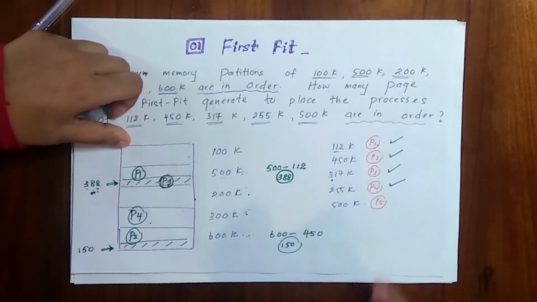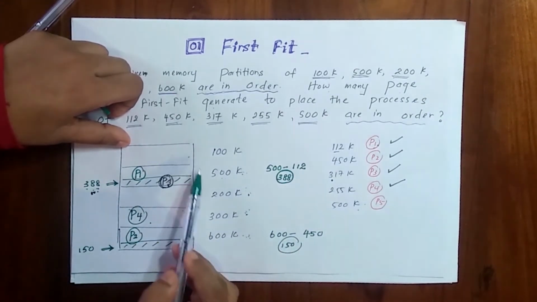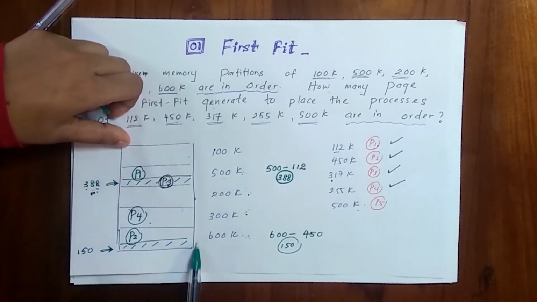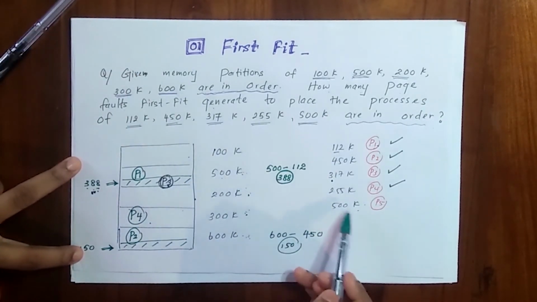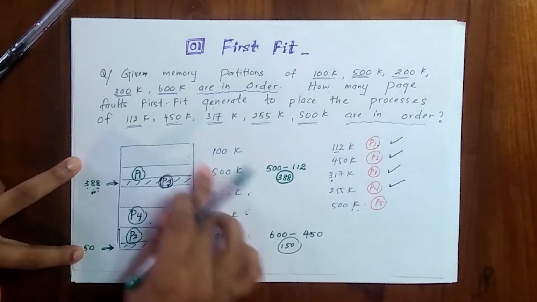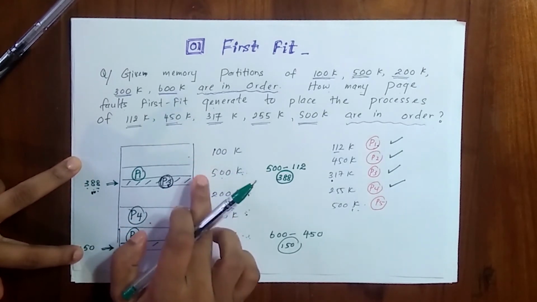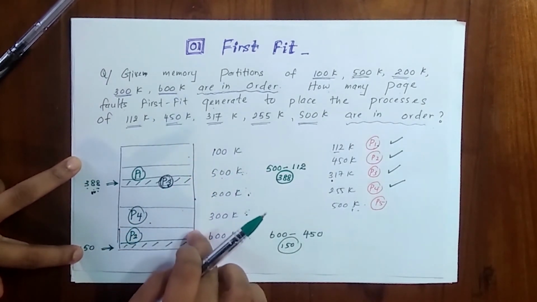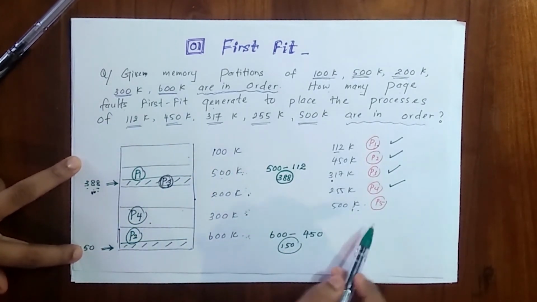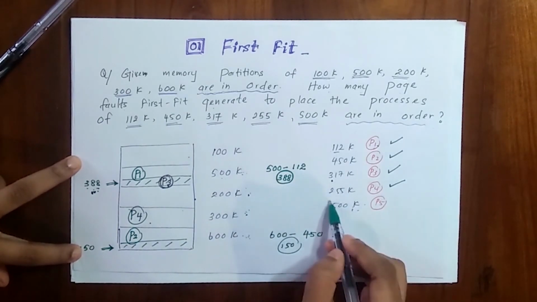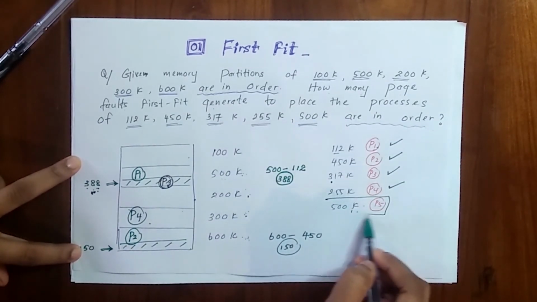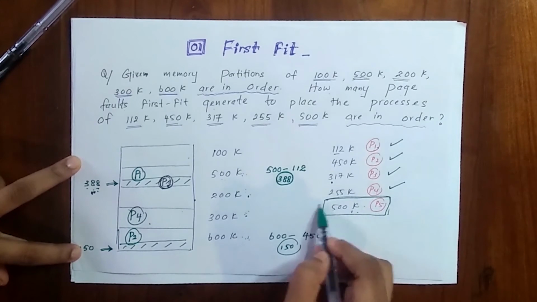So where can we place P5? You can see that we can't place P5 anywhere here. In any partition we can't place process 5. So that means this process is left behind.